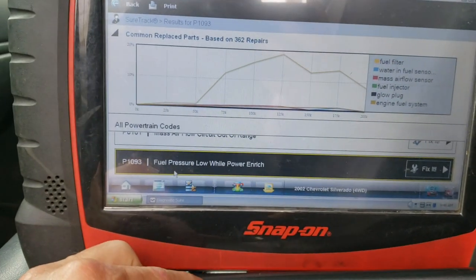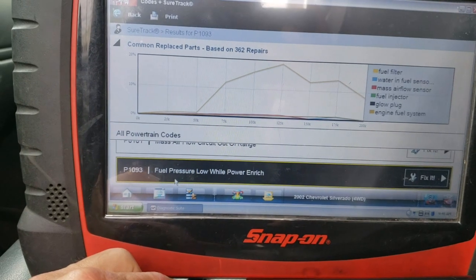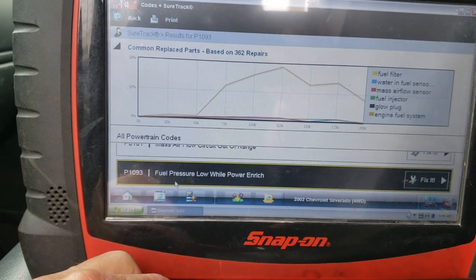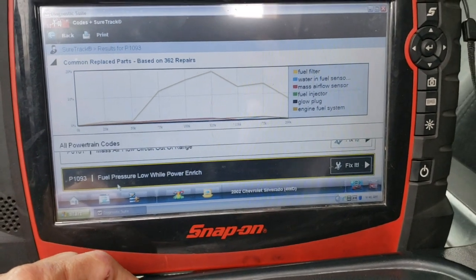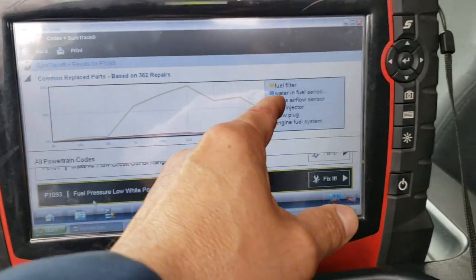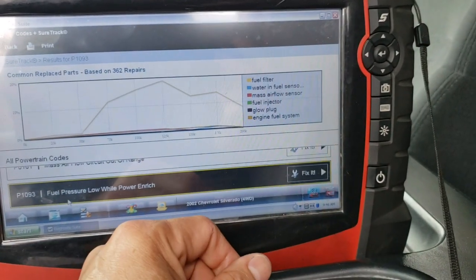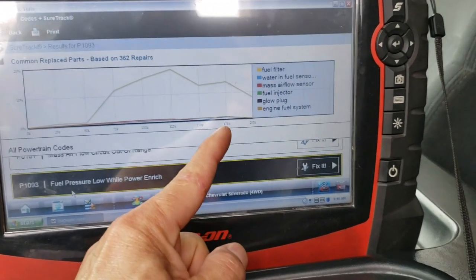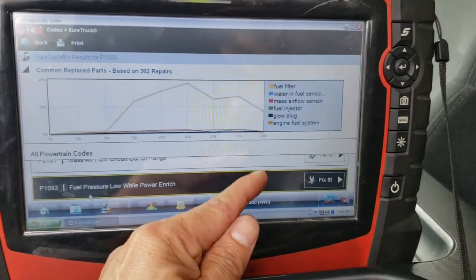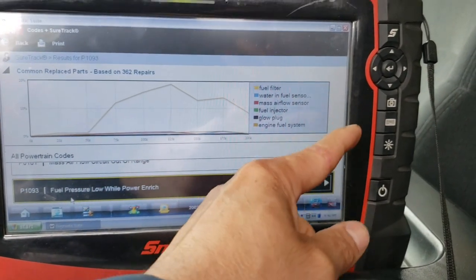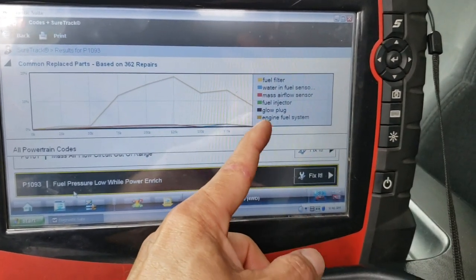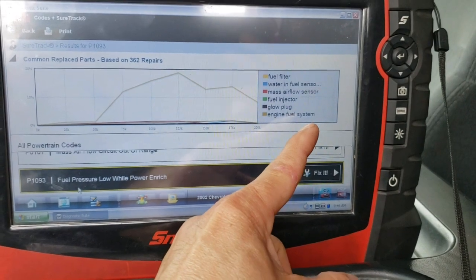For this code, P1093, fuel pressure low while power enrichment, the number one cause according to here is a fuel filter. The customer already installed a fuel filter, and this is the ACDelco original fuel filter, and water in fuel sensor, and third one is the mass airflow sensor.